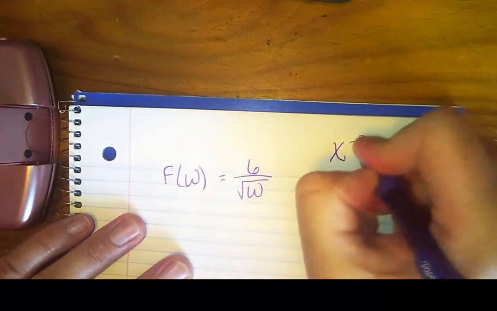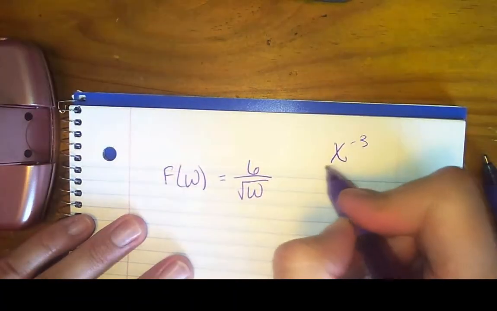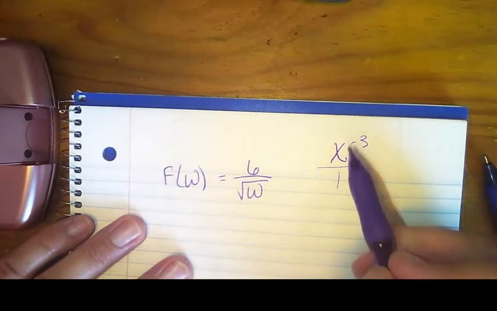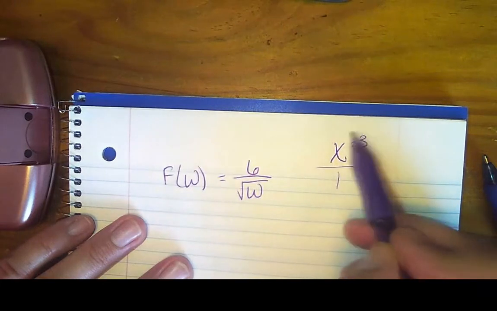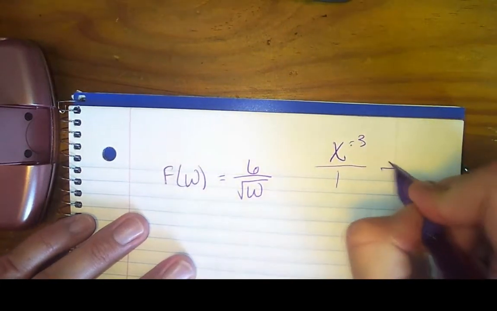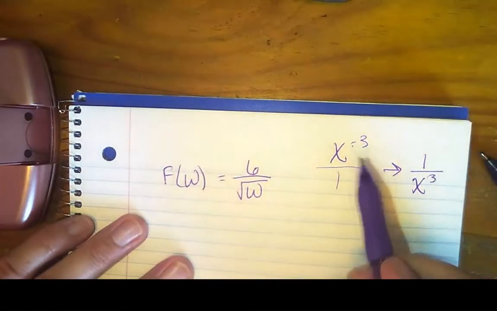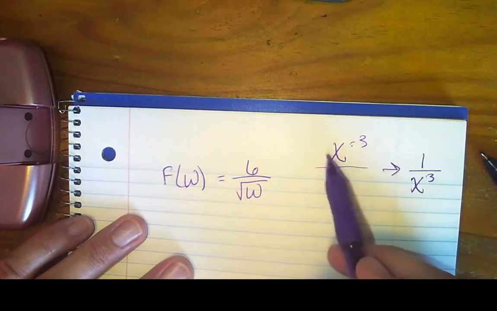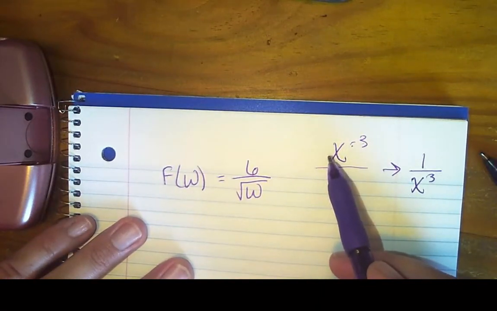If I give you an x to the negative 3, this has nothing to do with this problem. I can write anything over 1. That negative exponent says switch locations in the fraction. So an x to the negative 3 is actually 1 over x to the positive 3. That negative exponent says whatever I'm attached to, put it in the other spot in the fraction.